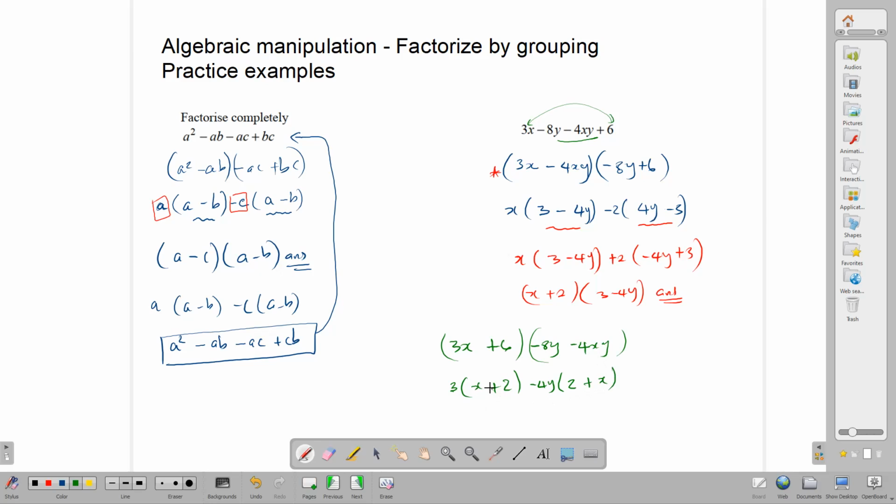Notice now that your two brackets are the same, x plus 2 and 2 plus x, which is the same thing as x plus 2. So you can write your answer as 3 minus 4y and x plus 2.